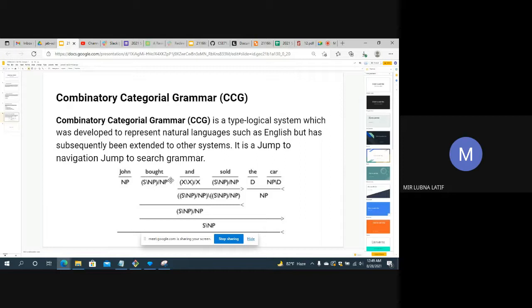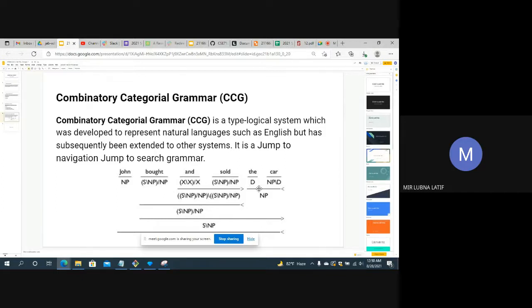Another thing is the lexicon. In the lexicon, each word can be described as a noun phrase, or subject, or a conjunct. Here you can see a sentence: John bought and sold the car. Each word is described as a noun phrase or subject or a conjunct combination.